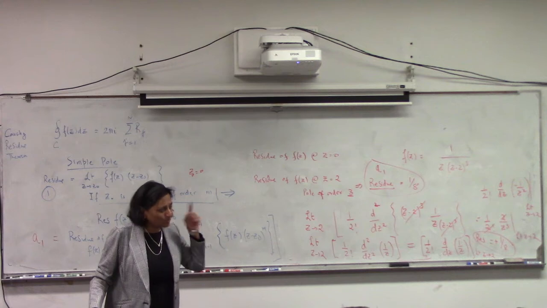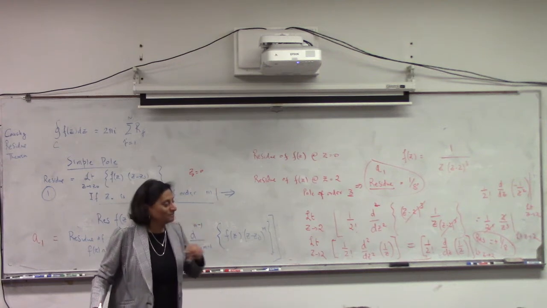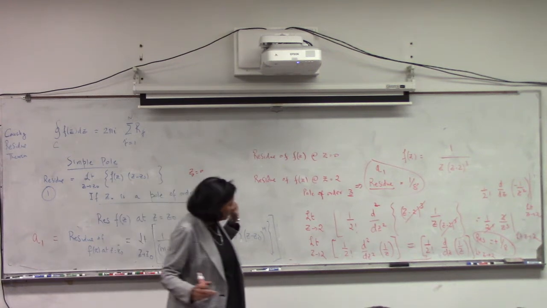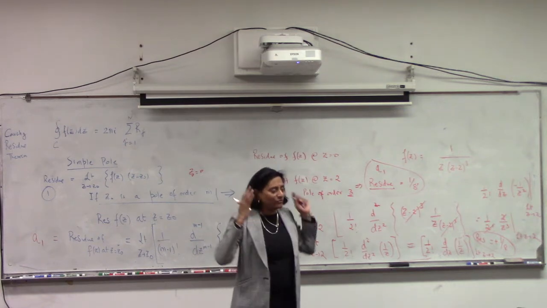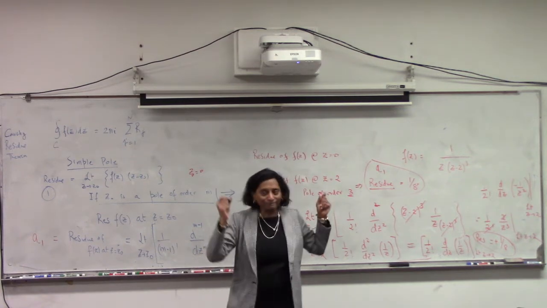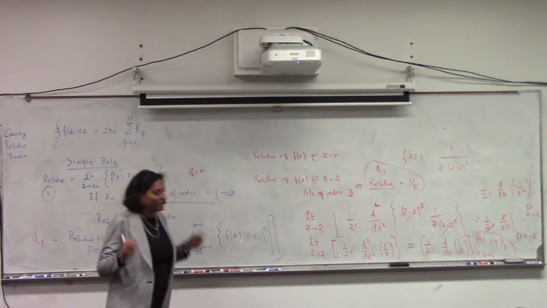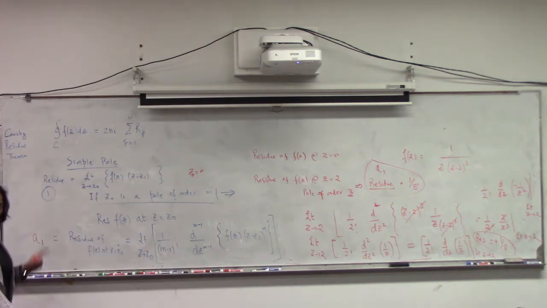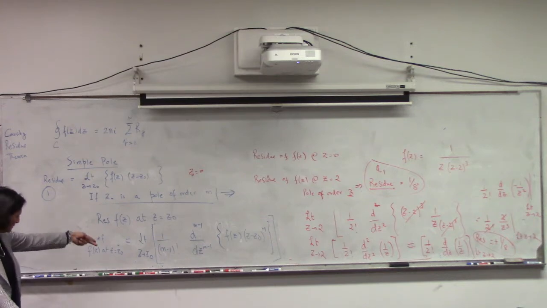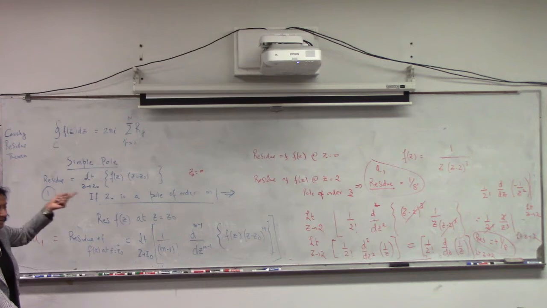So it can become quite messy, okay. For z equal to 0 it may be simpler, but I'm just saying, if you don't remember anything, go back to the basic principle from where the residue was defined, okay? That's always the easiest. At least you know where it is coming from, because this formula you may forget, whereas that is easy to remember.